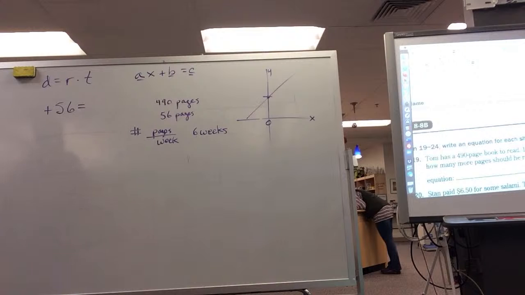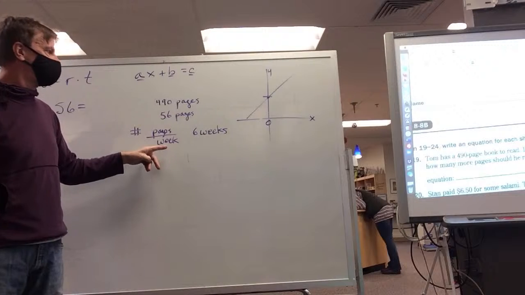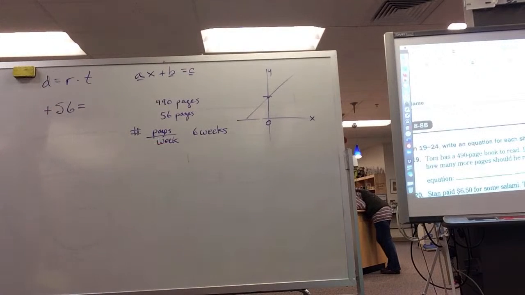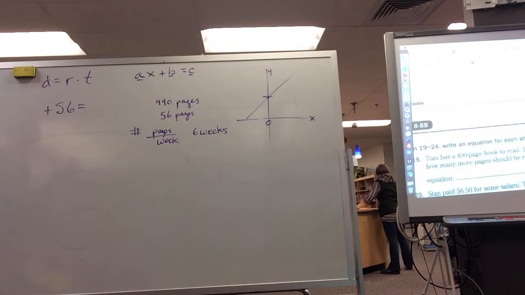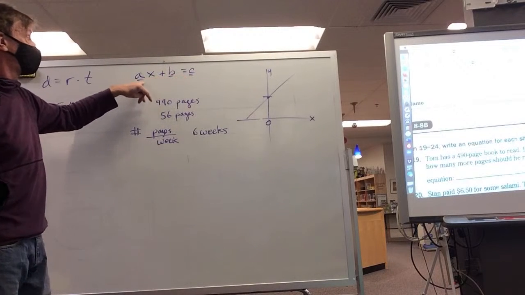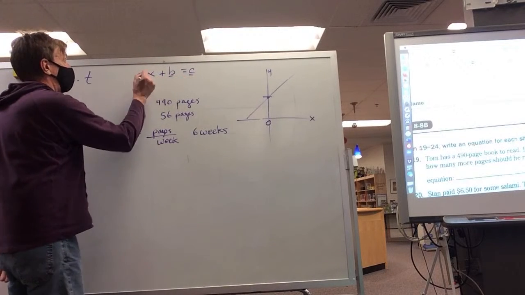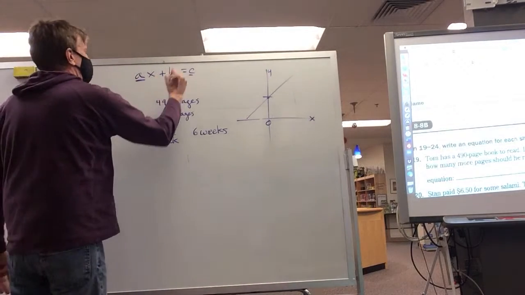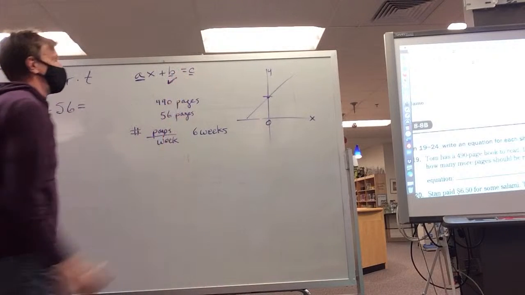Yeah, it's like pages per week. It's gonna be the number of pages per week? Okay, so that's gonna be a variable. So it's either gonna be here or it's gonna be here, one or the other. Because we've got this taken care of. That's the starting point.